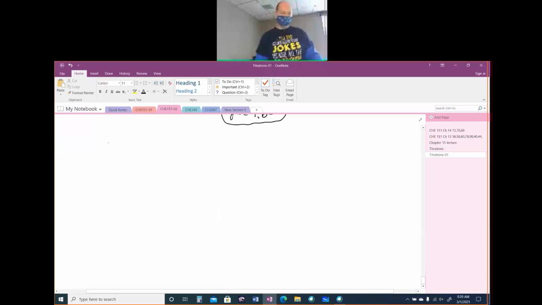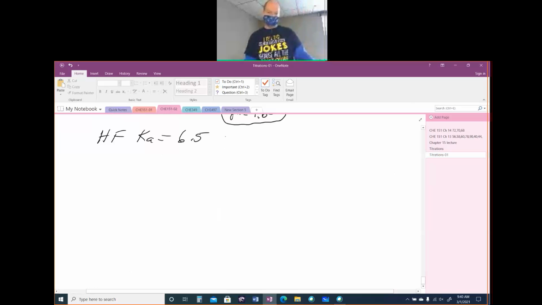All right, so HF, back to HF, Ka is equal to, at this temperature, 6.5 times 10 to the minus 4. Remember, your Ka can change if you have a different temperature. They should all be at 25, but they can be at different temperatures.